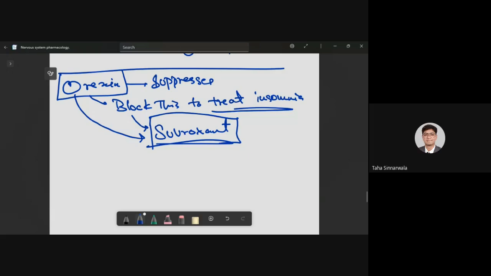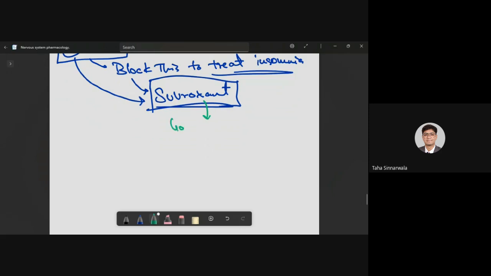Narcolepsy. Yes, narcolepsy. So is suvorexant good for narcolepsy or bad for narcolepsy? Bad. Yes, bad for narcolepsy.